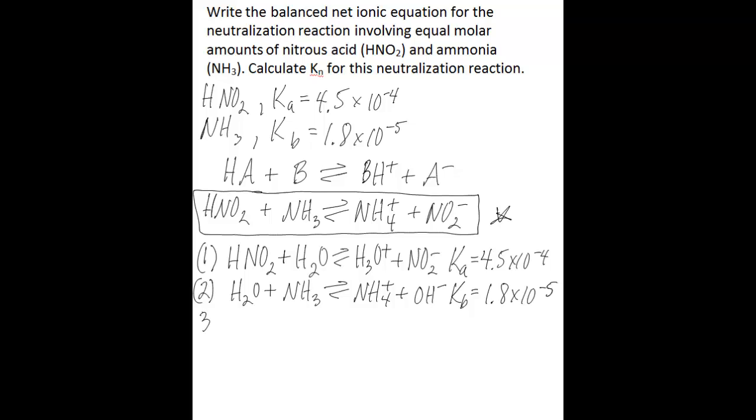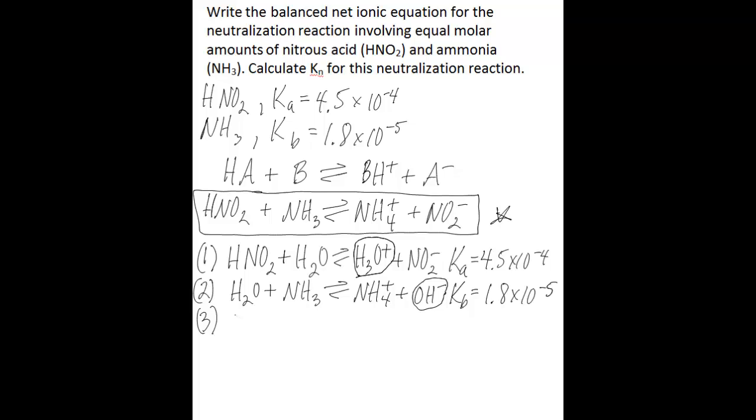The third reaction of interest here is going to be the neutralization between the hydronium ion that comes from the reaction where the weak acid transfers a proton to water, and the hydroxide ion that's left over when water transfers a proton to the weak base.